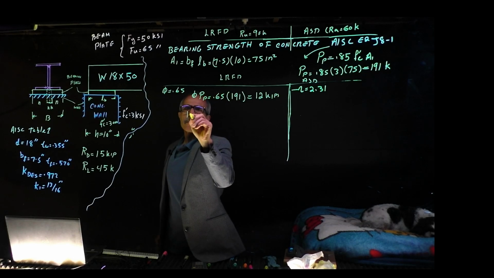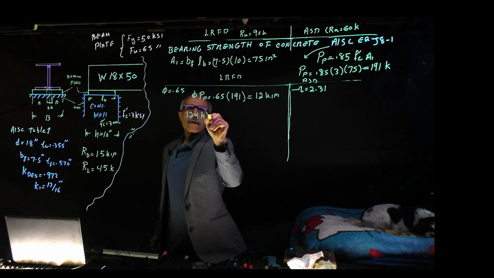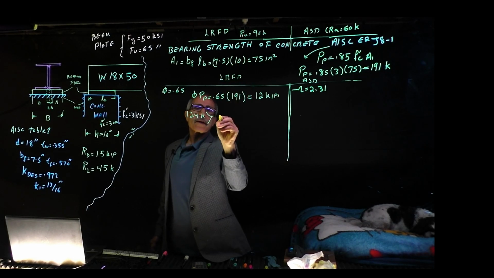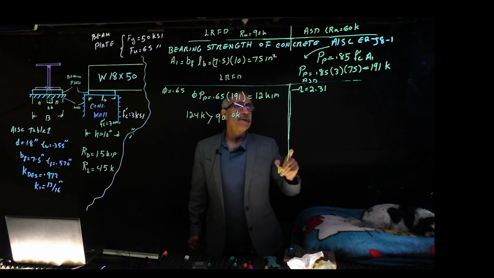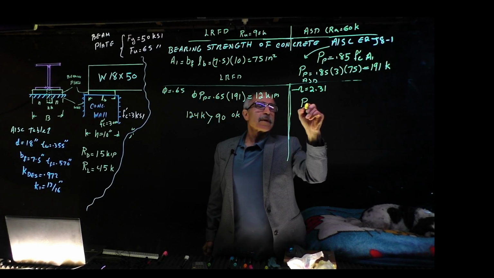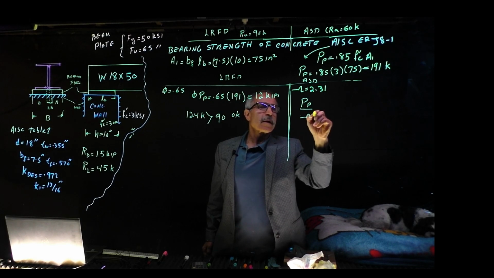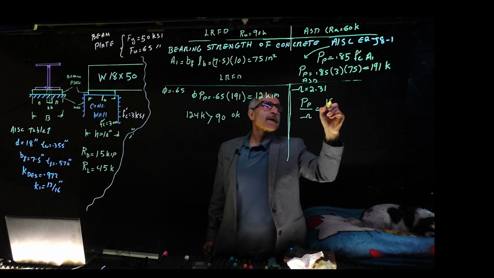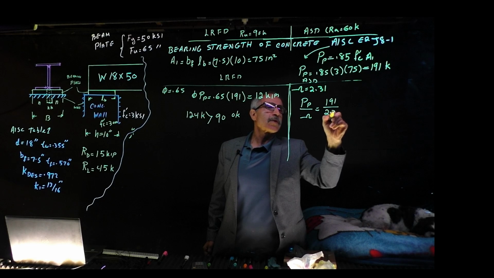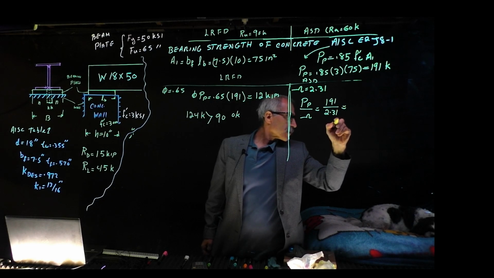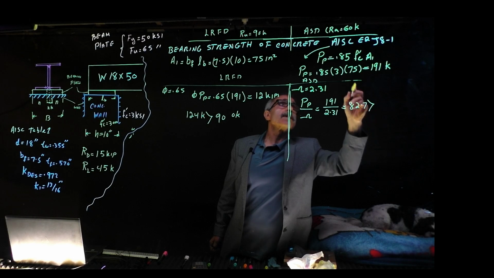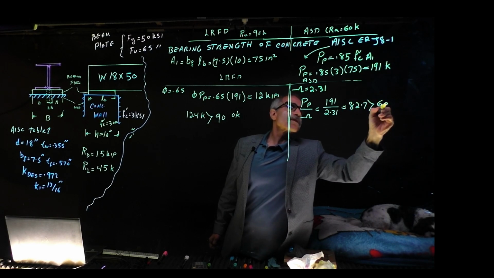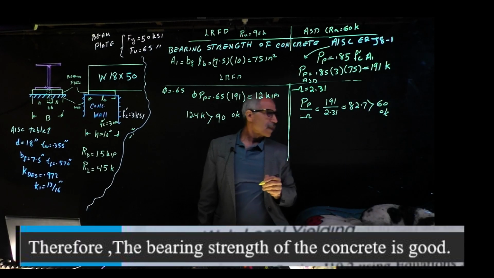And our 124 kips is bigger than our original 90, so that's okay. And over here we have PP divided by omega, which is 191 divided by 2.31. That's 82.7, which is bigger than 60, so the concrete checks out.